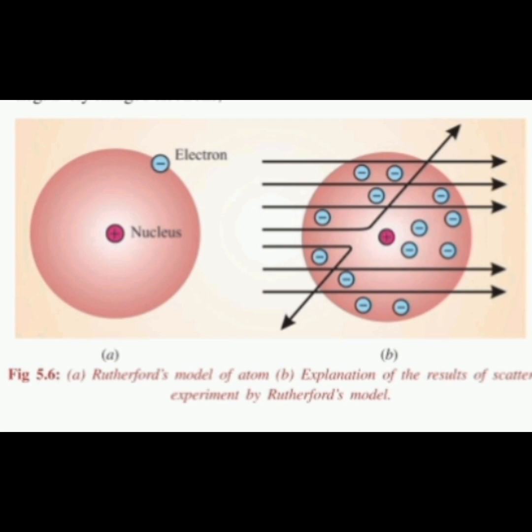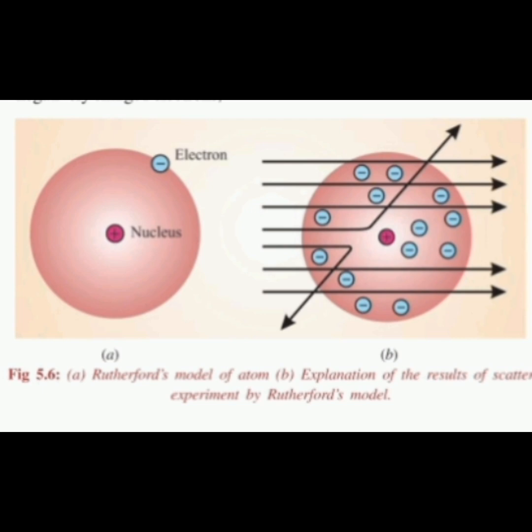Another thing: all the positive charge of the atom and most of its mass was contained in the nucleus. Then the rest of the atom must be empty space which contains the much smaller negatively charged electrons. So the negative charge is said to be in the empty space of the atom.